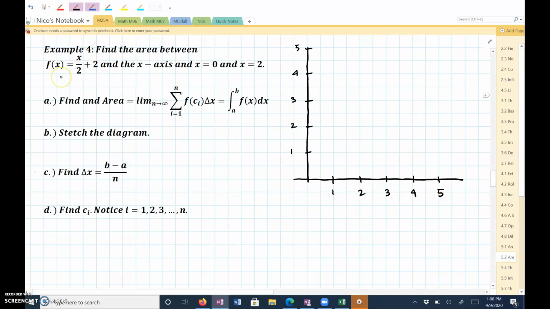Let's graph the line f of x, x over 2 plus 2. So we're going to begin at 2. We're going to go up 1 over 2. Up 1 over 2.